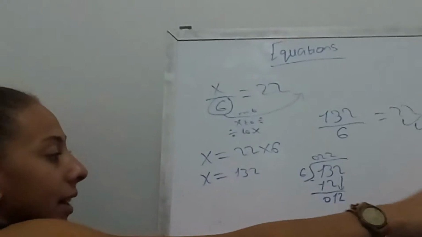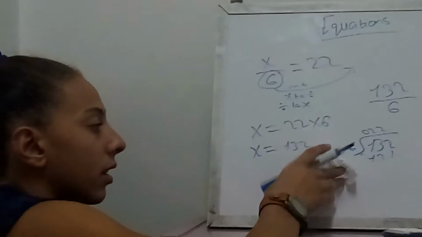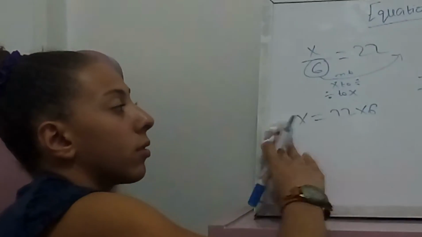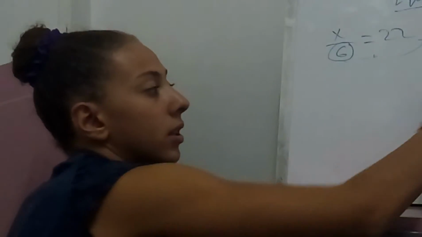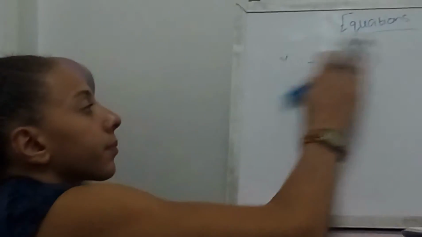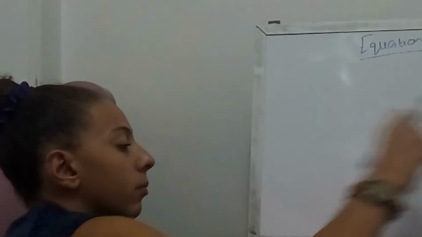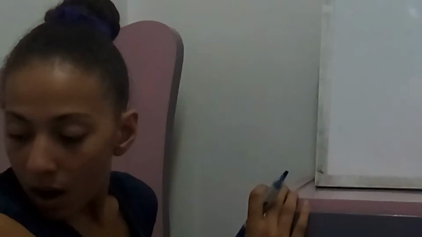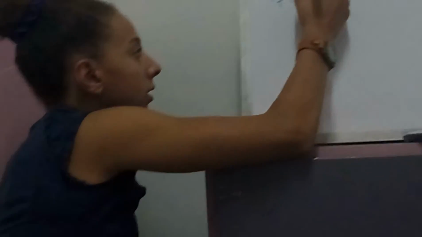Okay? The last thing, the multiplication. We'll do 7C equals 42.